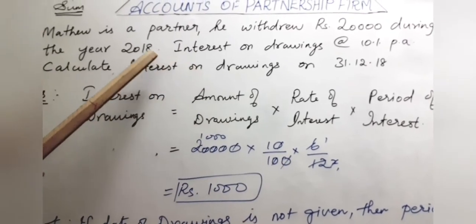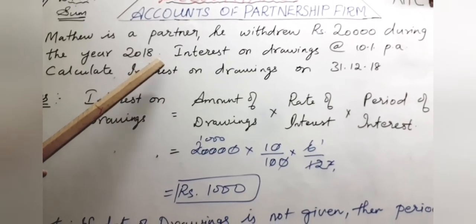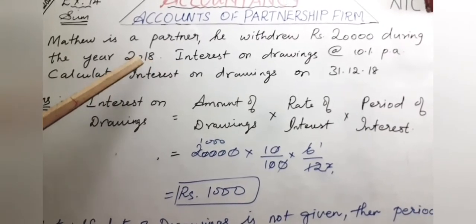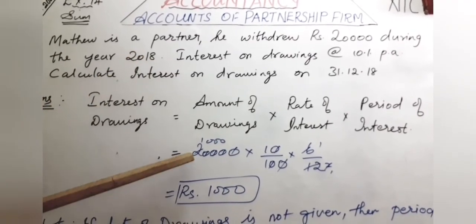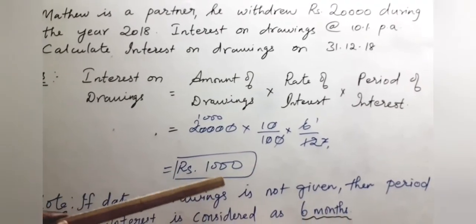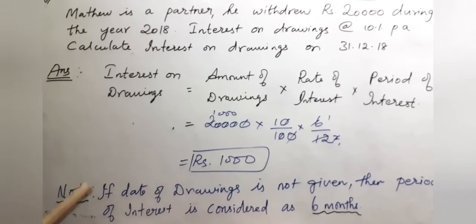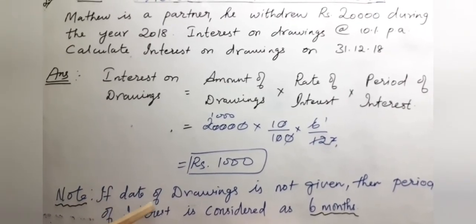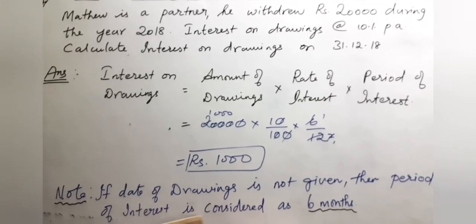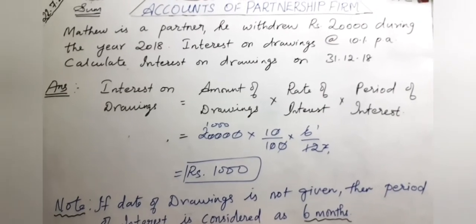When the question is given like this, that is, when the date of drawing is not given, then you want to apply this formula. Okay, children, you want to consider the period of interest as 6 months. So I have calculated and I got the answer of rupees 1000. So take down this note also. If the date of drawing is not given, then the period of interest is considered as 6 months. Hope you understood this sum, children.